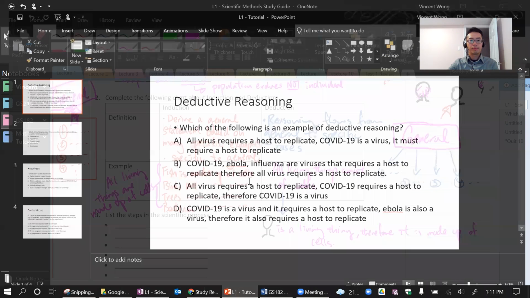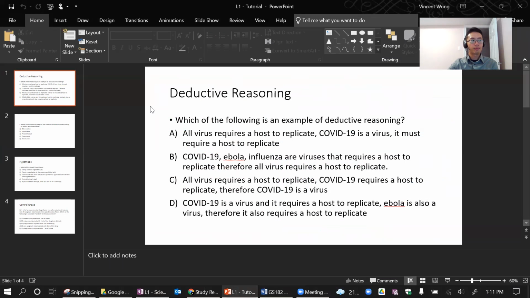Okay, let's see how you guys do in this question. This is an example of something you might see on a quiz. Please give it a moment and try it out. Oh, the question is on the screen.